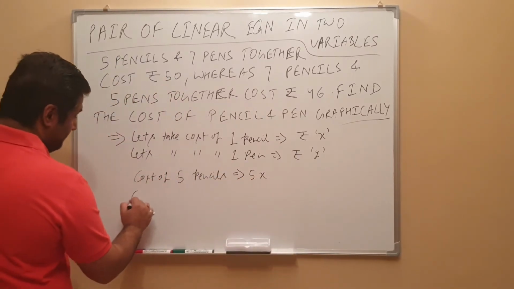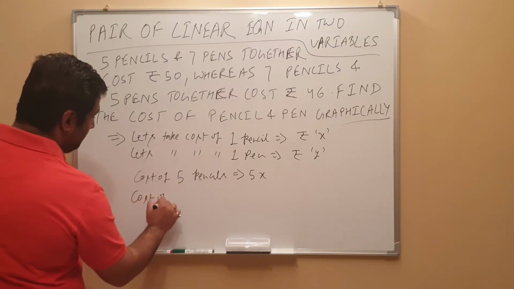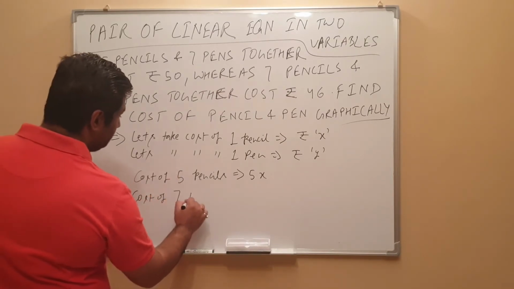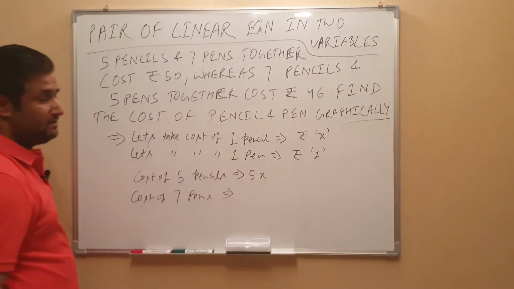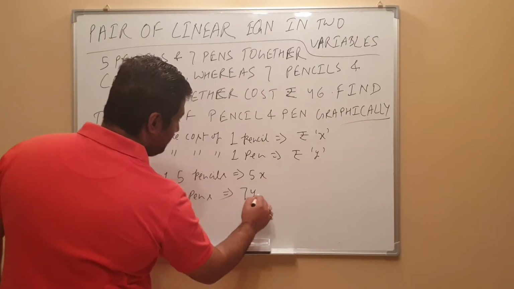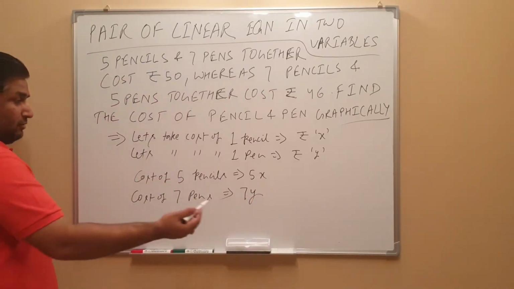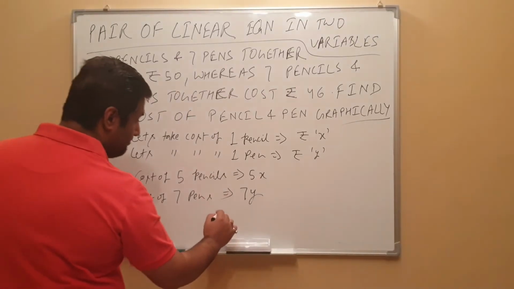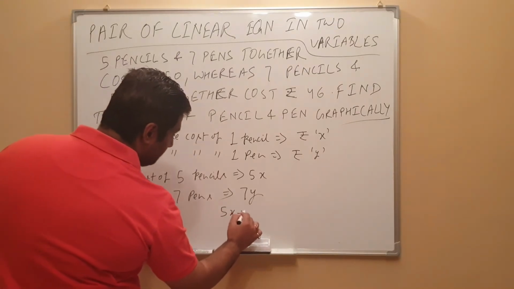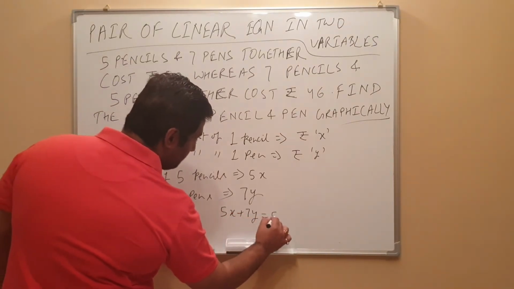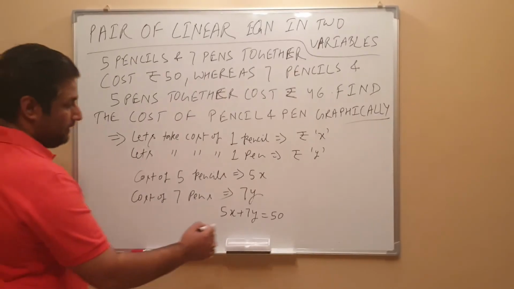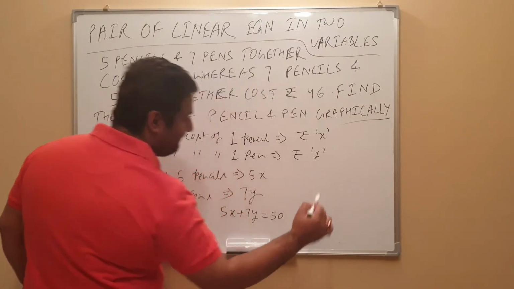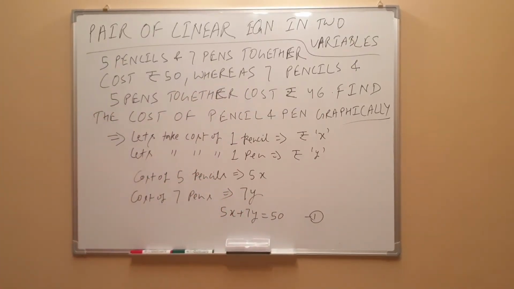Similarly, the cost of one pen is y, so the cost of 7 pens will be 7y. So the total is 5x plus 7y, which equals 50 rupees as per the given statement. So this is our first equation: 5x plus 7y equals 50.